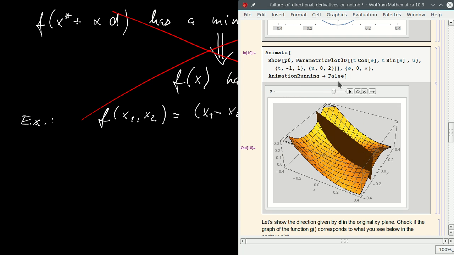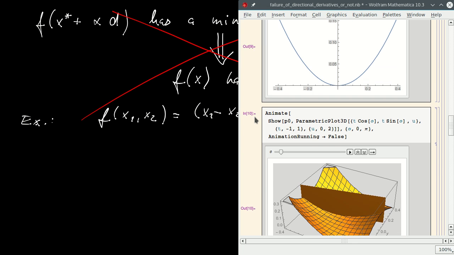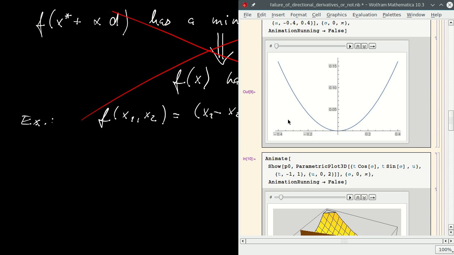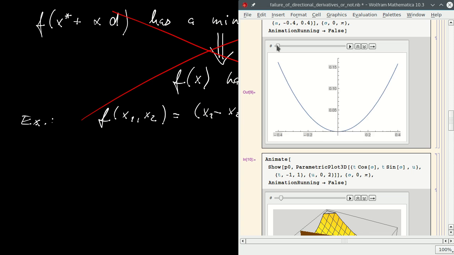So perhaps even from this picture you can already see that whichever direction I take, the resulting restricted scalar function of a scalar variable looks as if being minimized at the point x star. You can also have a look directly at the resulting scalar functions.